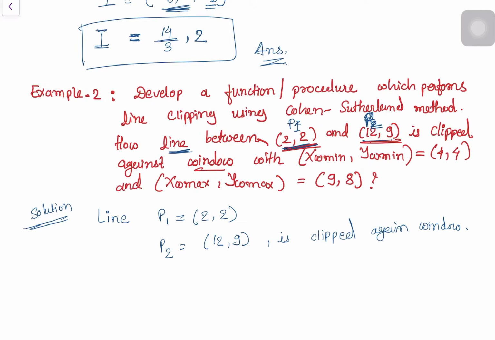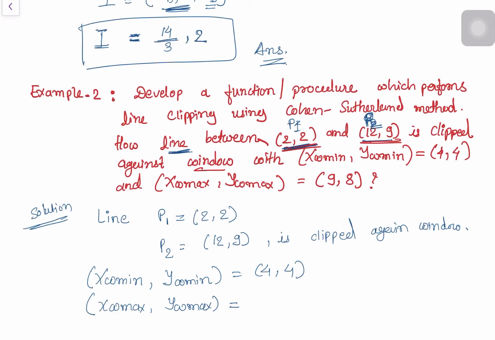So we will have xw minimum, yw minimum is equal to 4 comma 4, and xw max and yw max is equal to 9 and 8, right?